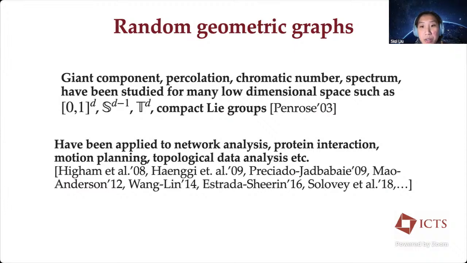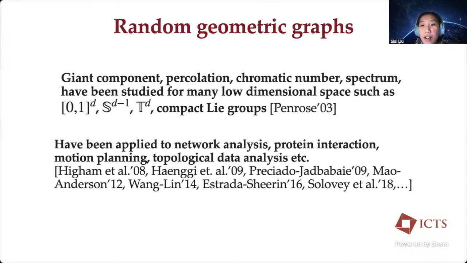Penrose has a very nice textbook called Random Geometric Graphs that summarizes many of these cool results. In more recent years, there has been more study of such random geometric graphs in higher dimension due to their application and connection to network analysis, biological networks, topological data analysis, and so on.